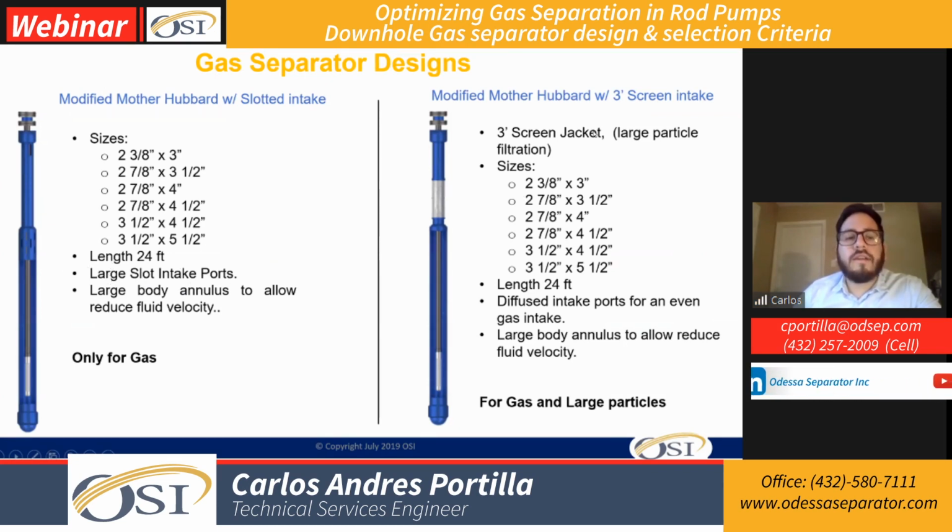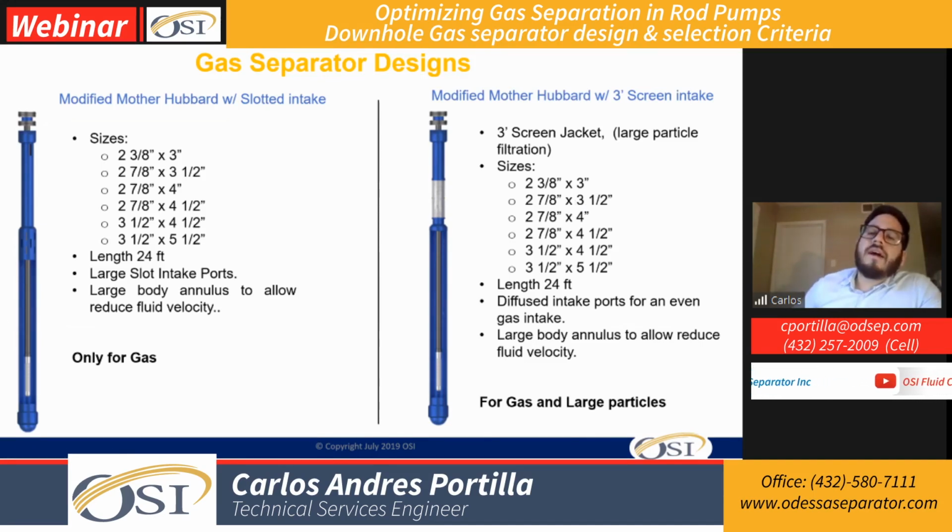Okay, so here on the right-hand side, what we have is the same geometry, but on the neck, we will have a screen section. In this case, what this screen section is going to help us with is the coalescence of the gas bubbles to create, as mentioned before, bigger bubbles.